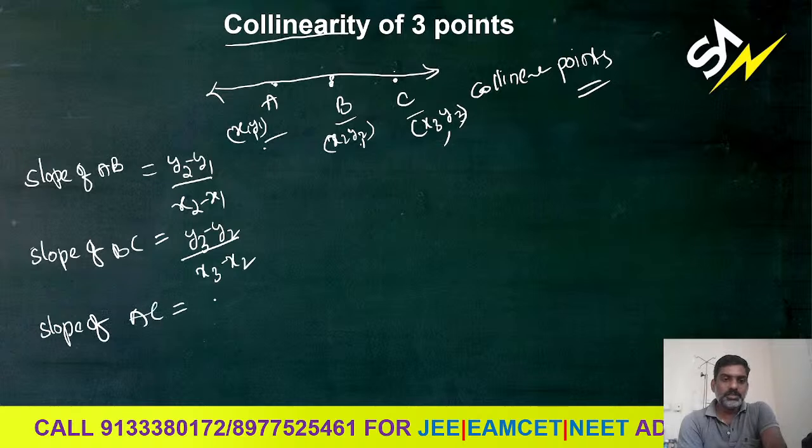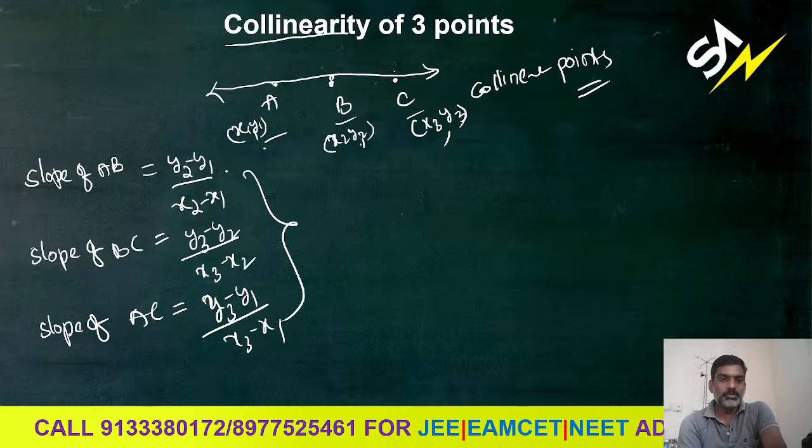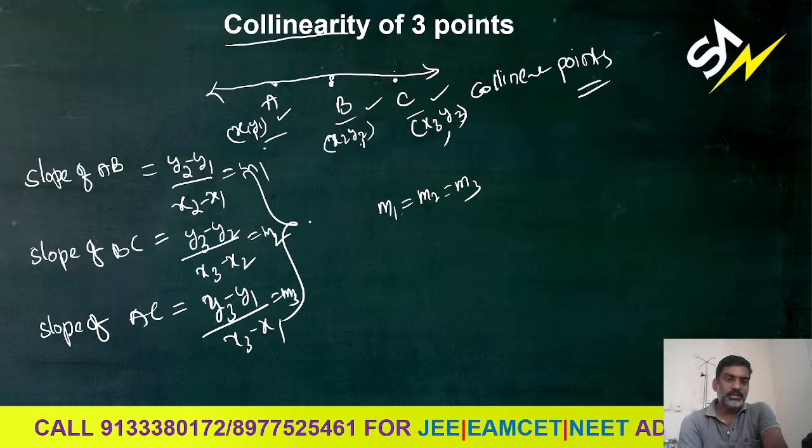What is slope of AC? (y3 minus y1) divided by (x3 minus x1). Suppose these three slopes are m1, m2 and m3. When m1 equals m2 equals m3, we can call points A, B, C collinear. This is one way of proving the points are collinear.